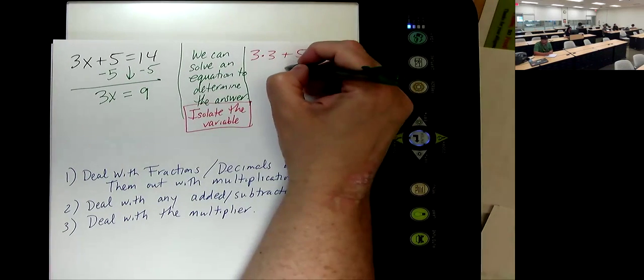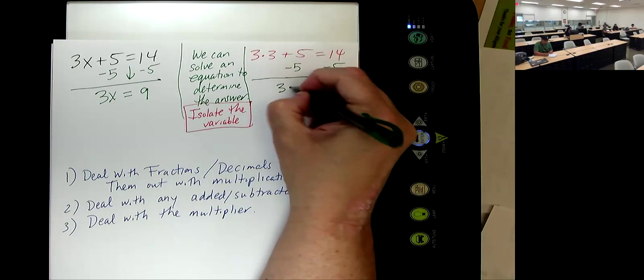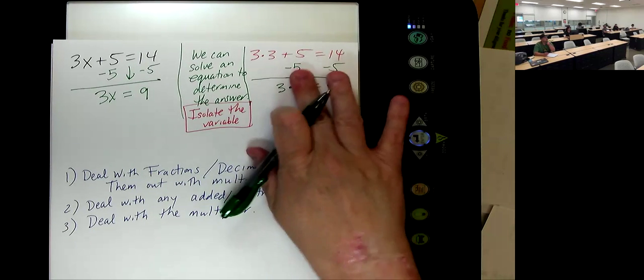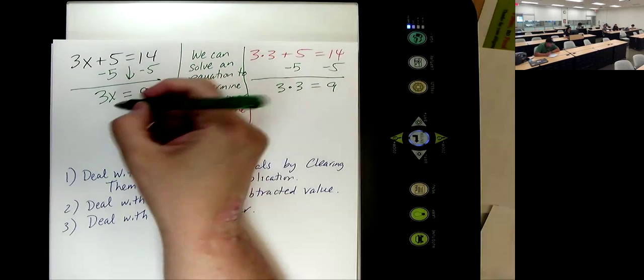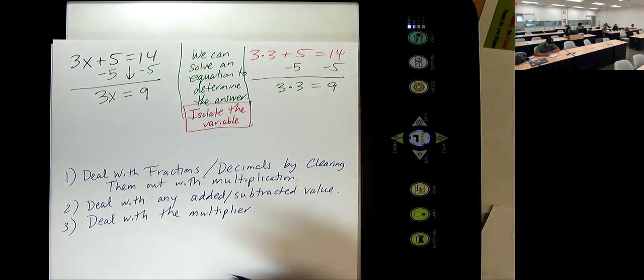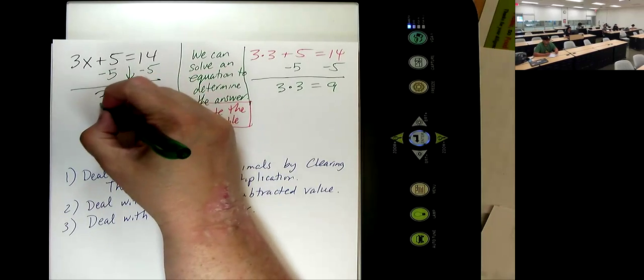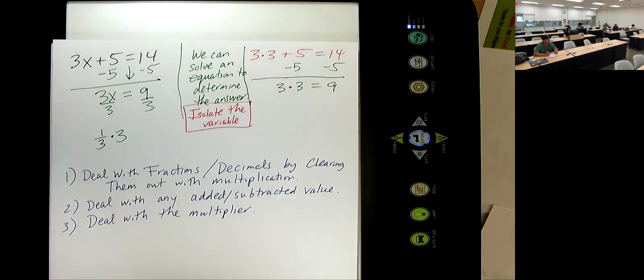Notice that if I do this over here, I still have a true statement the whole way. Generally, you don't know the 3 though, I'm just showing you that this is why this works. And then this is multiplied by 3. The opposite of multiplying is dividing, so we're gonna divide by 3, or you can multiply by the reciprocal. Multiplying by 1/3 is the same thing as dividing by 3.